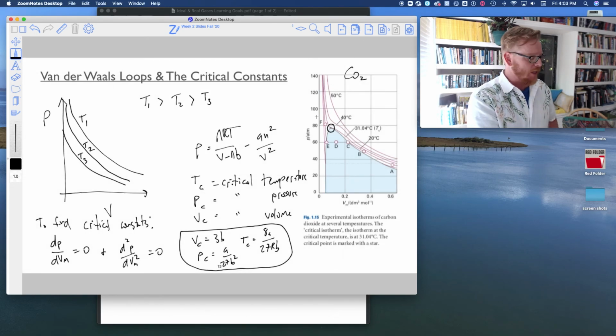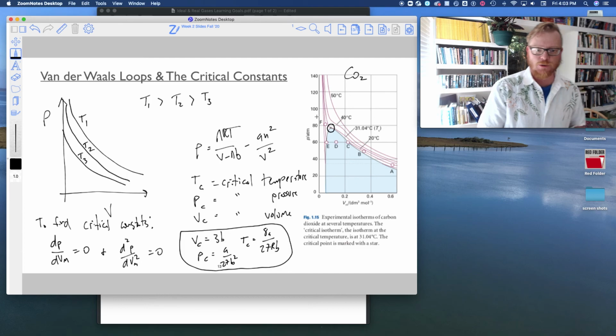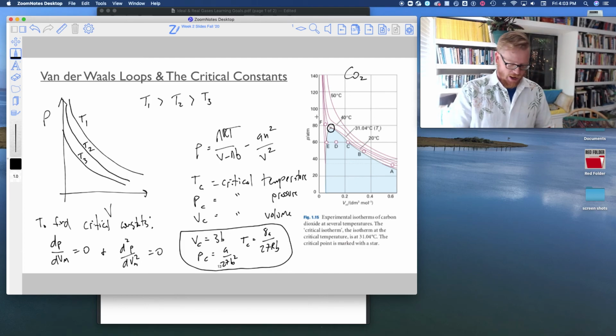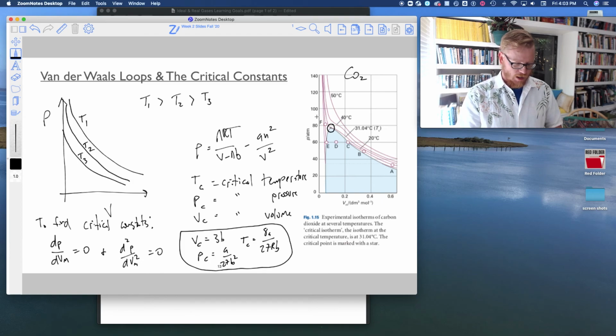Okay, so let's just calculate that critical temperature for CO2. Let's see how well this does. So 8 times 3.59, divided by 27, and I have to use 0.08206 for R because of the use of atmospheres.